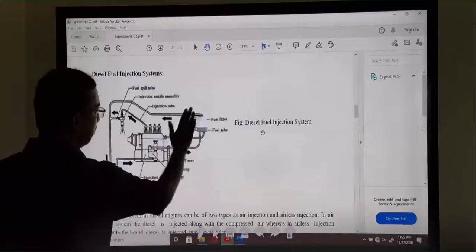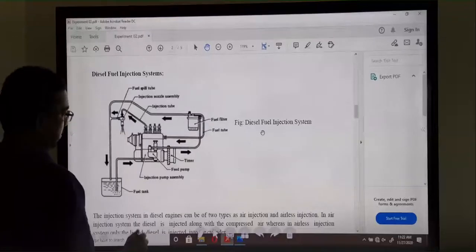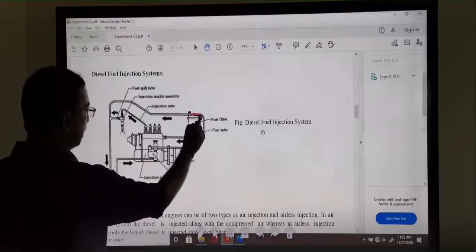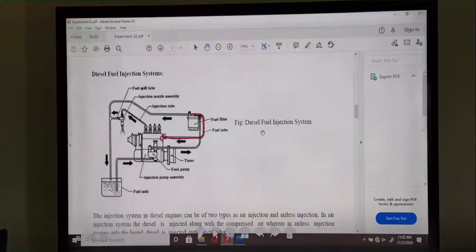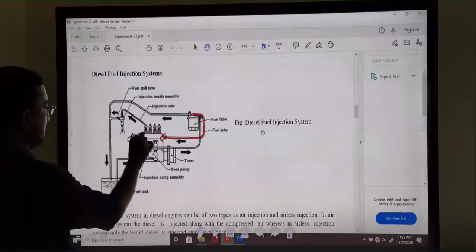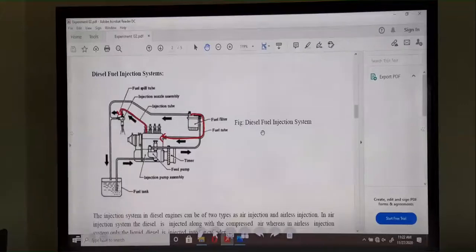So after this cleaning process, the fuel is sent to this injection pump. Then the fuel is supplied with high pressure to the injector.